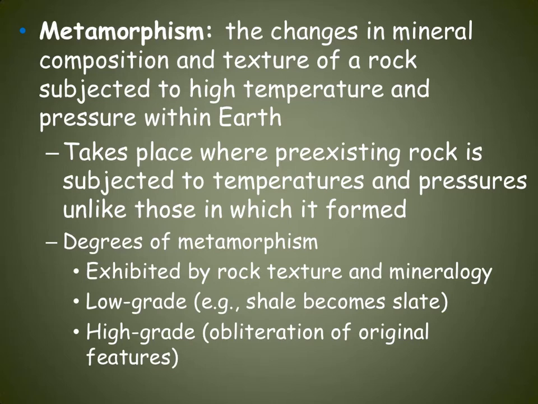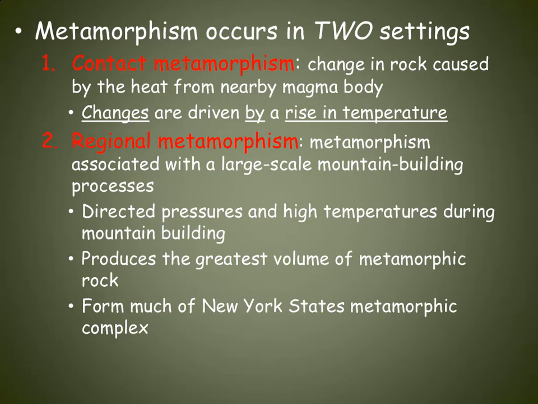The same thing happens when you take a shale to a slate, slate to a phyllite, phyllite all the way up to a schist. Again, go too far, you melt it, now you got an igneous rock. Also, let's talk about the scale of metamorphism. Contact metamorphism is just when you're having a rock that is in contact with a magma or some high temperature fluids that alter the rock due to temperature and pressure pushing in.